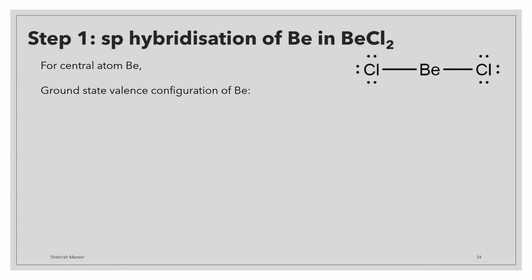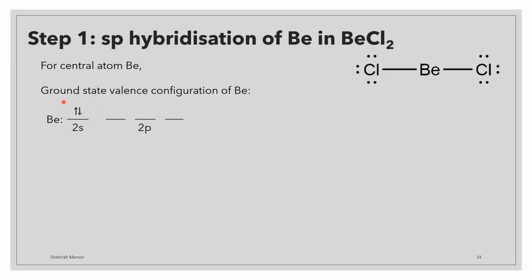To show the sp hybridizations of beryllium, kita akan start dengan writing ground state valence configuration. And here we have 2s2 valence configuration for beryllium. Tetapi bila kita compare this valence configuration at ground state dengan Lewis structure of this BeCl2, Be need to has two single electrons in its configuration untuk membolehkan it forms two covalent bonding dengan Cl.